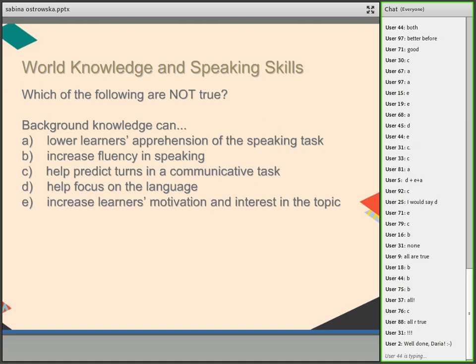Okay, so all of this, of course: background knowledge can lower learners' apprehension, because if I already know about the topic, I don't have to worry about the content. What am I going to talk about? For example, in my Spanish classes, I have to give a presentation every 2 weeks.